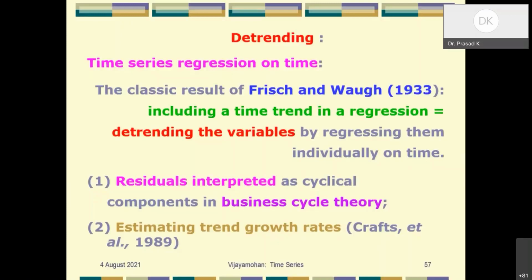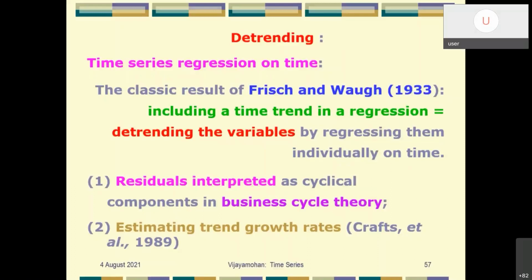But no, my question is different. Now see, if we are using nominal values in a regression, the regression coefficients are inflated ones because the nominal values include the effect of inflation also.